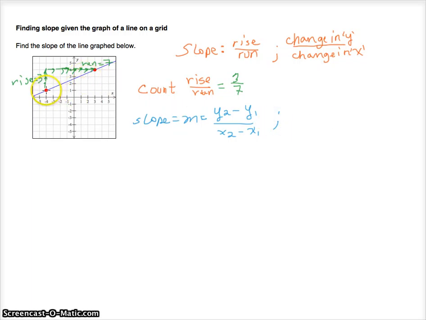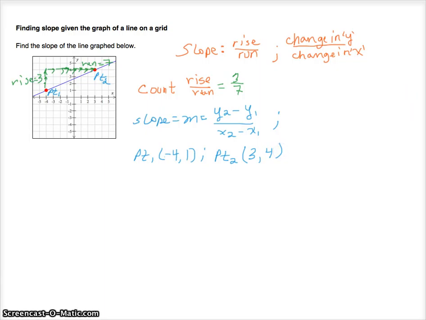So we're going to name our points. Let's name this point 1, and let's name this point 2, because that'll give us our x1 and our y1 and our x2 and our y2. So point 1 is the point -4, 1. And point 2 is the point 3, 4.